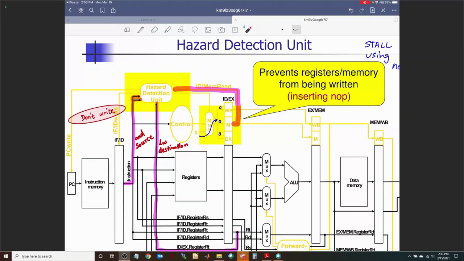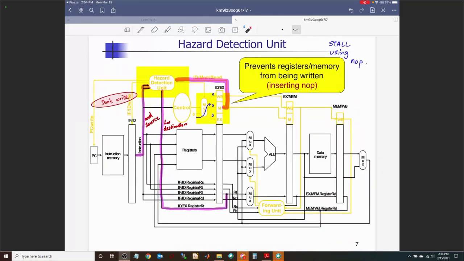So you are essentially stalling by working on a no operation, and the no operation is being executed. No operation is essentially pushed into the pipeline by not updating the program counter and pushing a 0 for all your control signals. Do you guys see that? So that's your hazard detection unit.